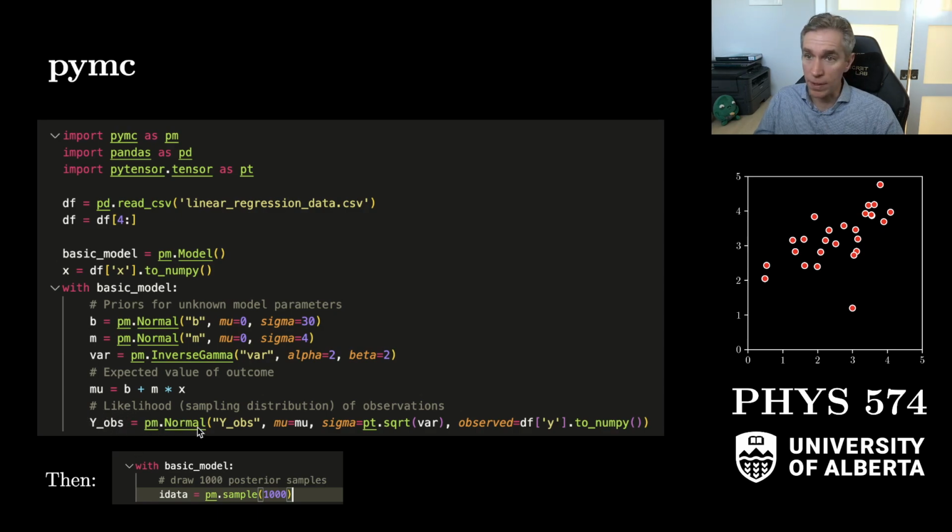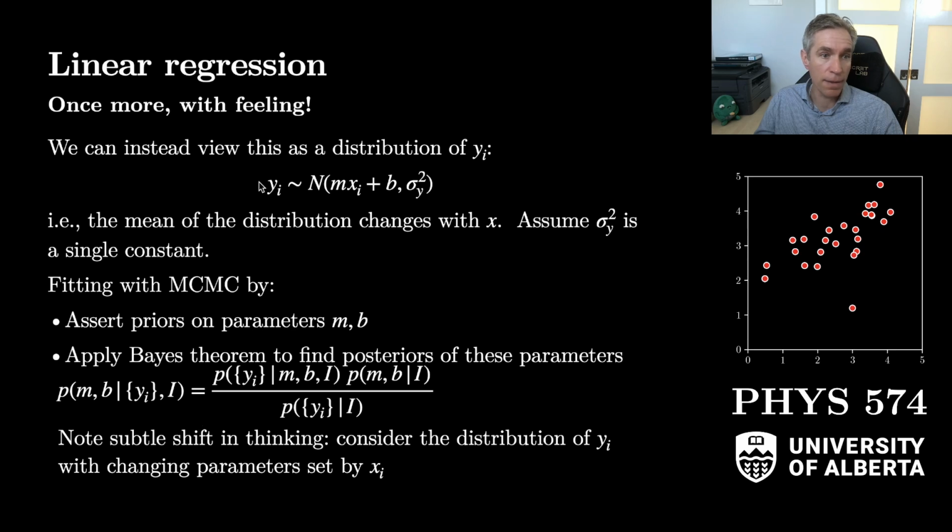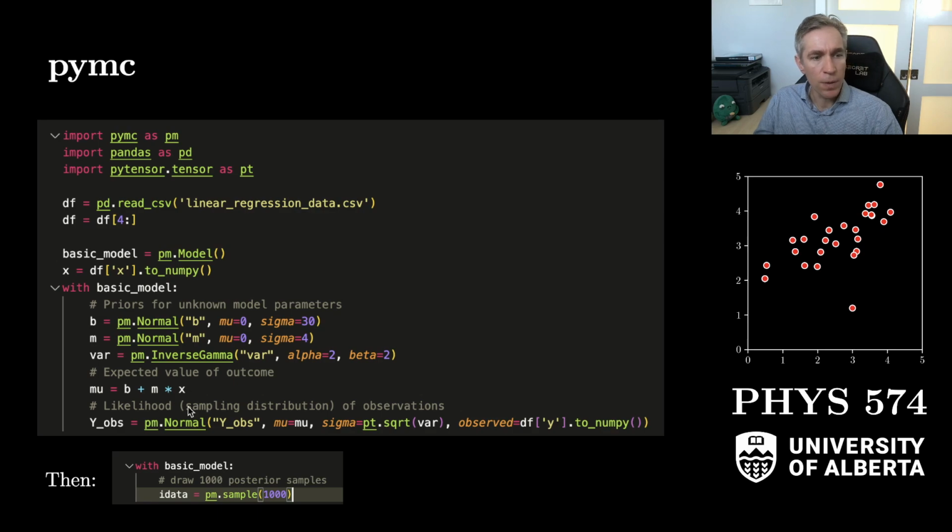And then we say we have these observed values. Well, they are normally distributed. You'll recall that's this normal function here. The m and b are the priors. That's what we've laid down. But this is the distribution we're talking about now, which we'll give the name y_obs. It has the mean that we've calculated from our prior distribution of our random variables. Its width is going to be the square root of the variance.